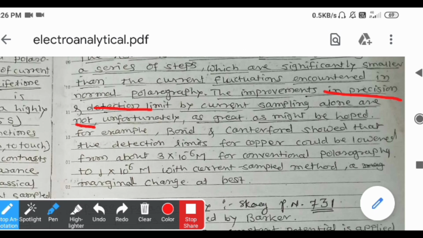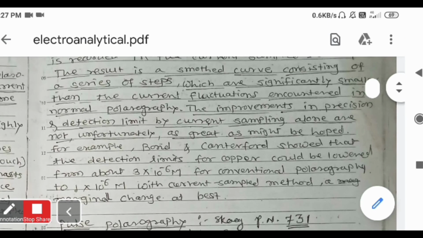For example, the detection limit for copper is about 3 × 10^-6 molar for conventional polarography, but if we use tast polarography we get a limit of only around 1 × 10^-6. So from 3 to 1, we are not getting that big a difference once we change to the current sampling technique by using tast polarography.